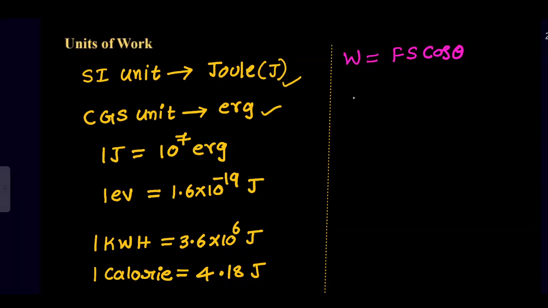Now let us say if theta equals 90 degrees, then what happens? What is the cos 90 value? Cos 90 is 0, so the work will be 0.